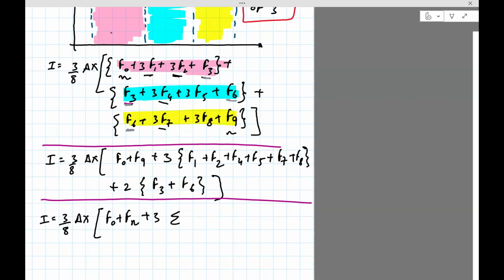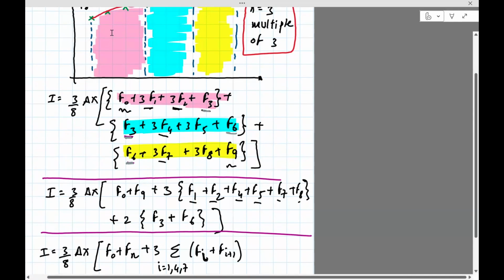So instead of writing it as a single number, I'll write it as fi plus fi+1, where I only have to be bothered about putting the index for the first one. So here i would be 1. When I put i equals 1, it actually captures the first and second term, because it'll be f1 plus f2. Then I need to put 4, right? 4 and 5, then 7 and 8. So here i will be 1, 4, 7, all the way to 8.